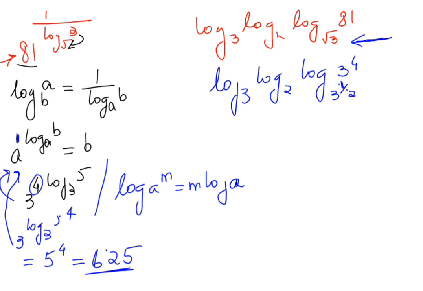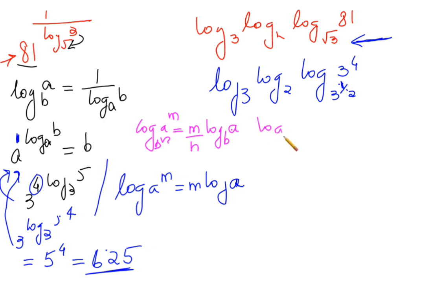Now, realize that I had also given you one rule which says log of a raised to m to the base b raised to n can be written as m upon n log of a to the base b. So using this, I can write this as what?